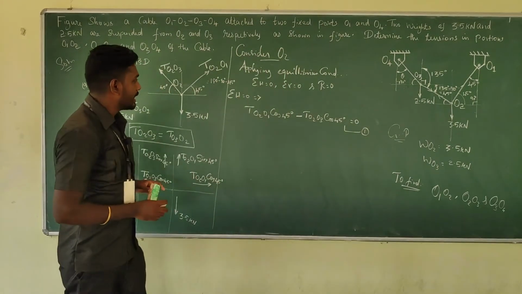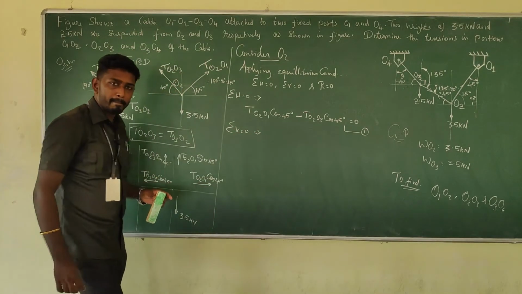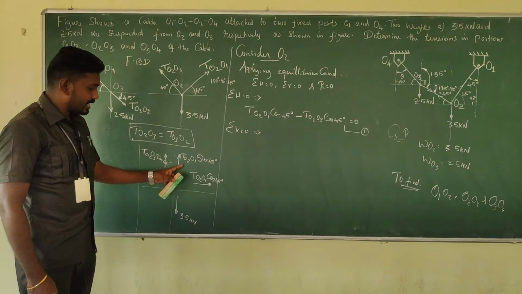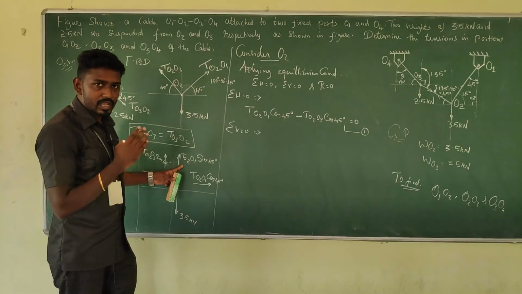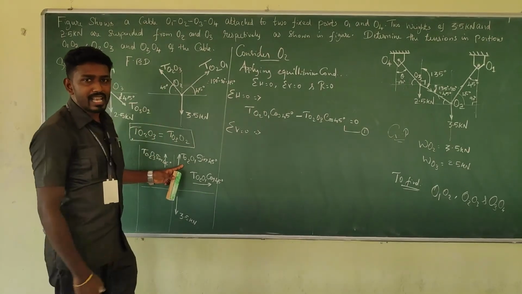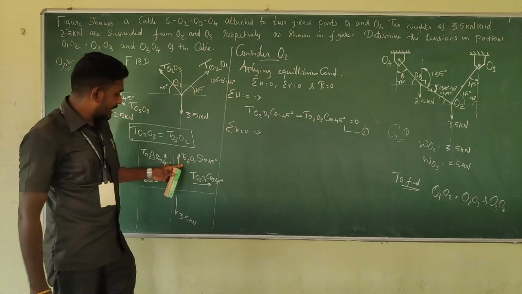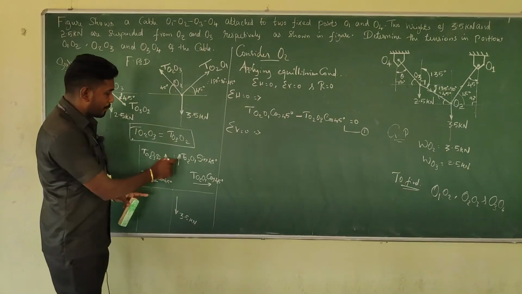Let's move to the next step. Sum of vertical force is equal to 0. Add all the vertical forces. Here we have 3 vertical forces. Here comes, if you are dealing with the vertical force, the force which is moving towards up is a positive, and the force which is moving downwards, it's a negative. So here 2 of the force is moving upward, right?